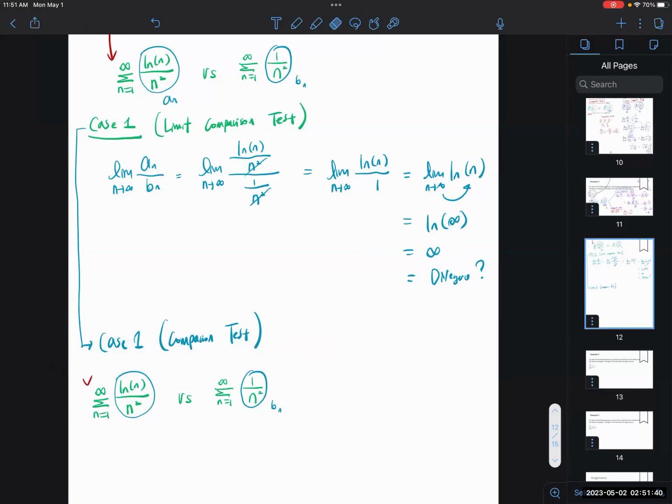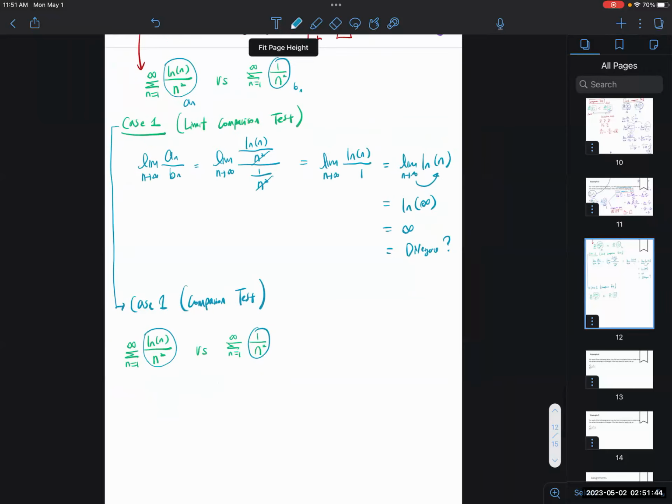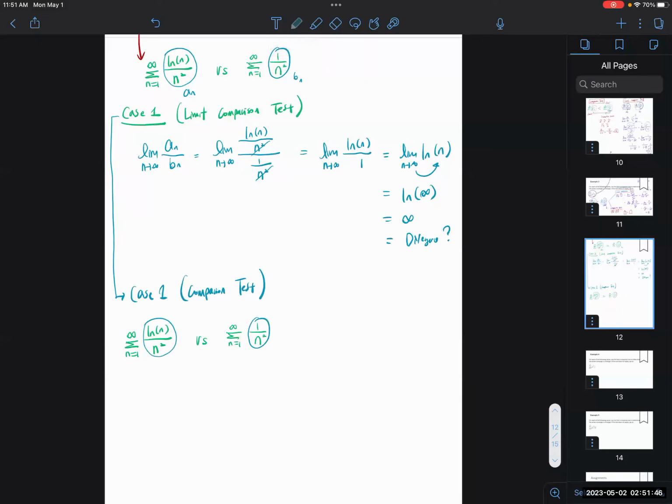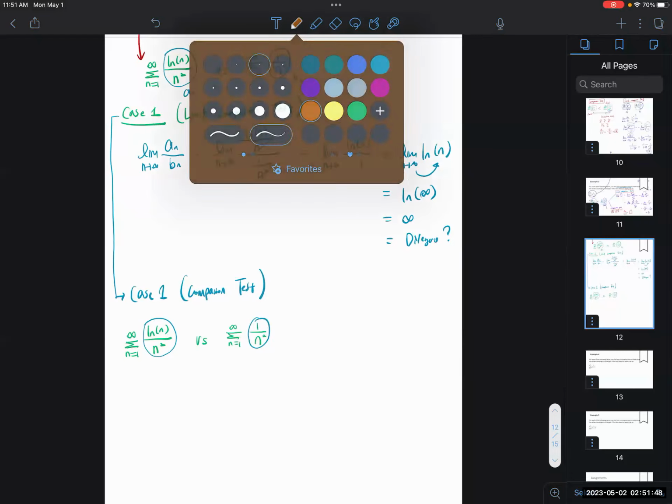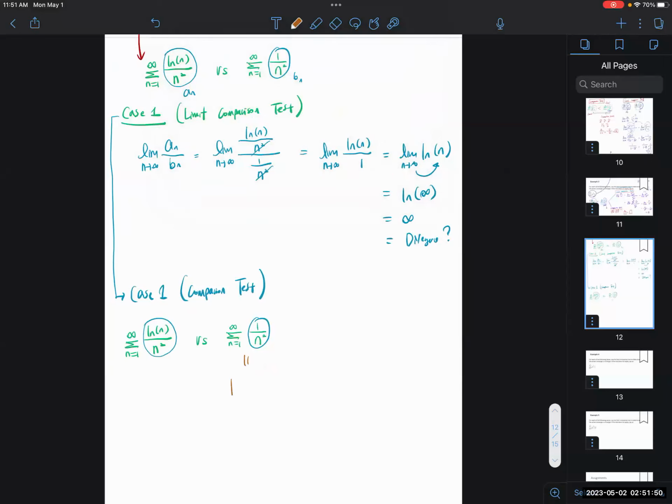We know already the comparison one. We can use a p-series. So p is 2 this time, correct? And p greater than or equal to 2, does this say it's a convergence?